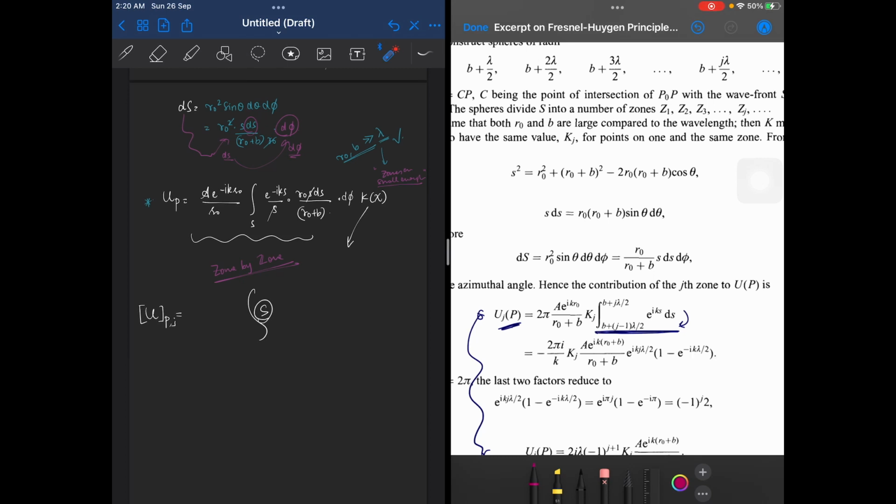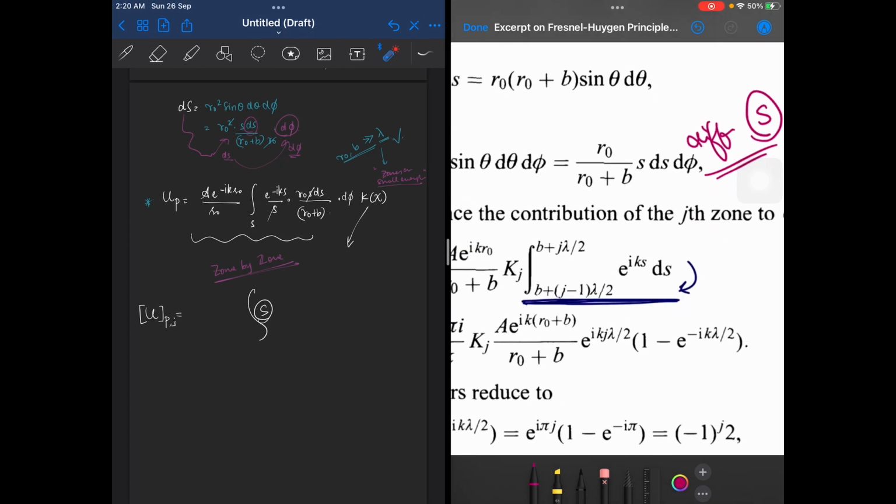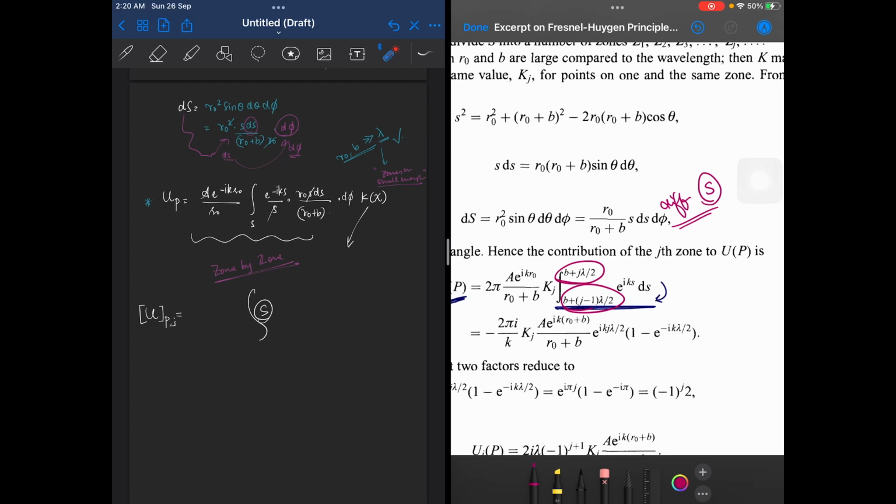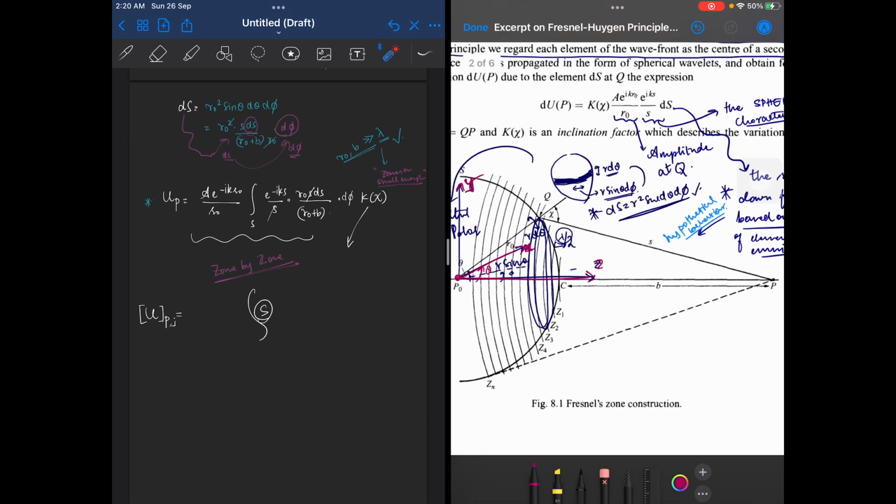Each zone has its different area, different s, and you are integrating s from here to here. I mean, what the hell? Where is s? S is this.